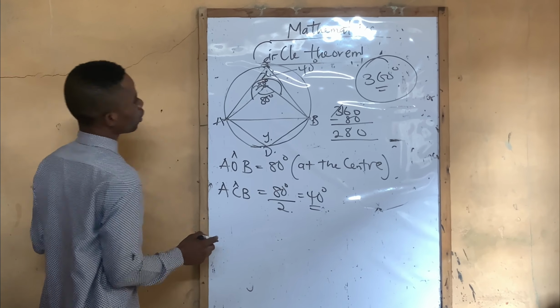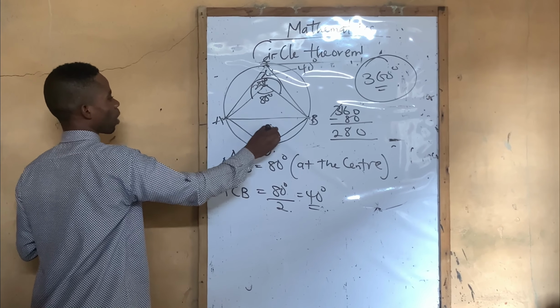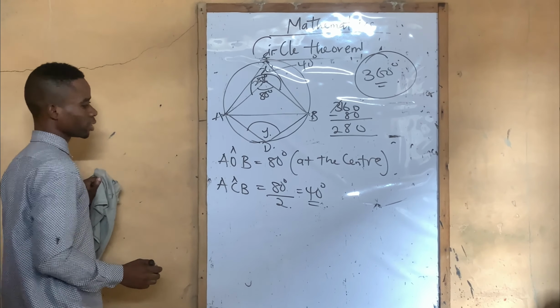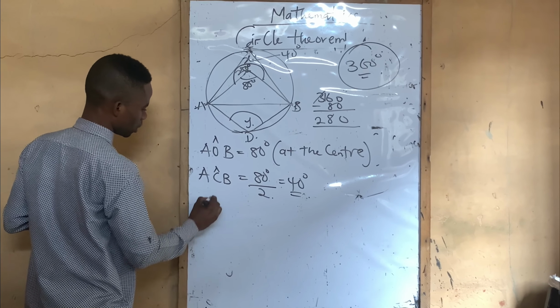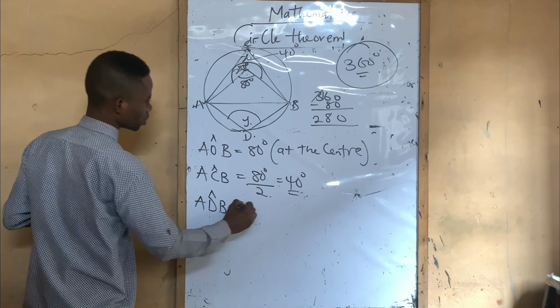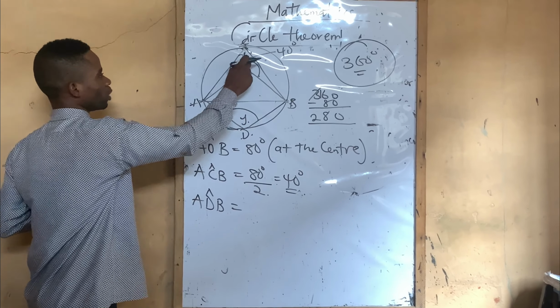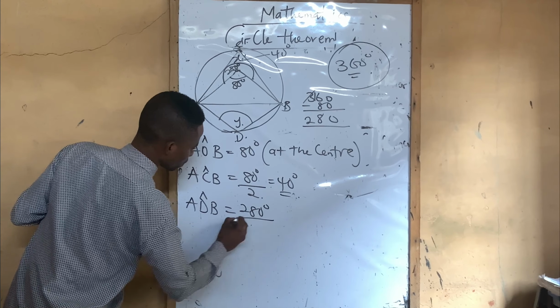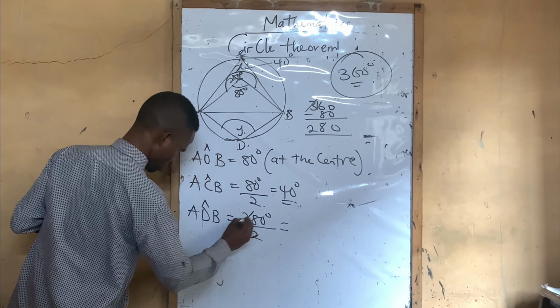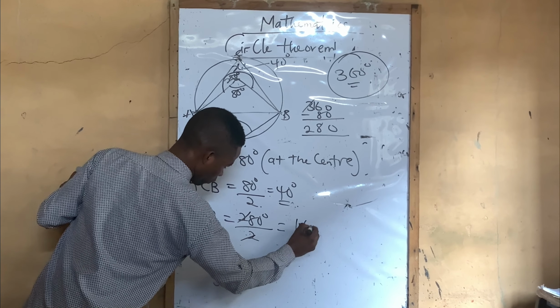Now, if I have gotten 280 here, that means I can get this y. How will I get this y? That means angle ADB. So I have to divide this one by 2 to give me this. That is 280 degrees divided by 2. That is 140 degrees.